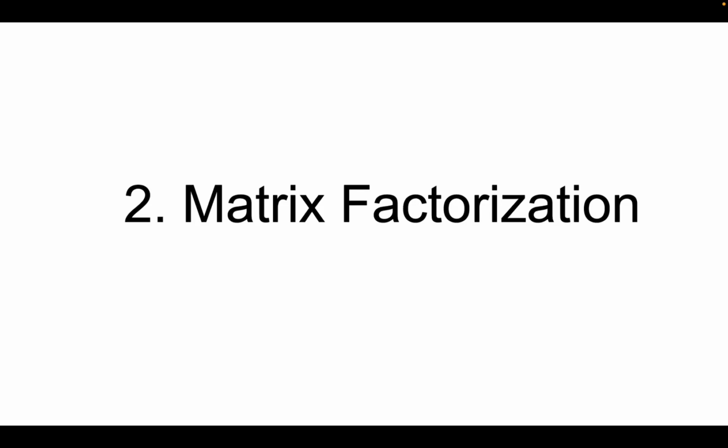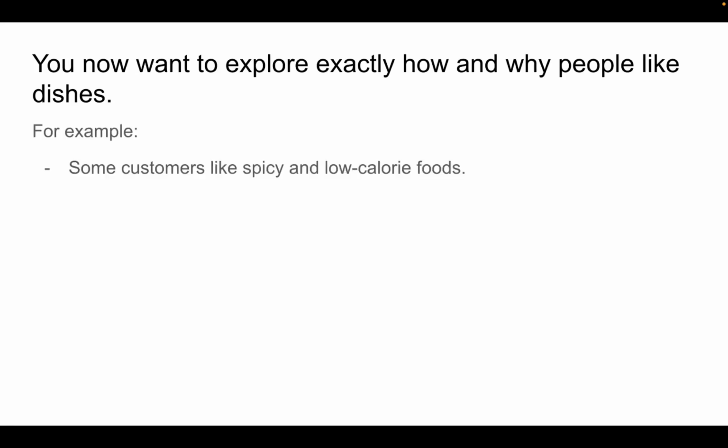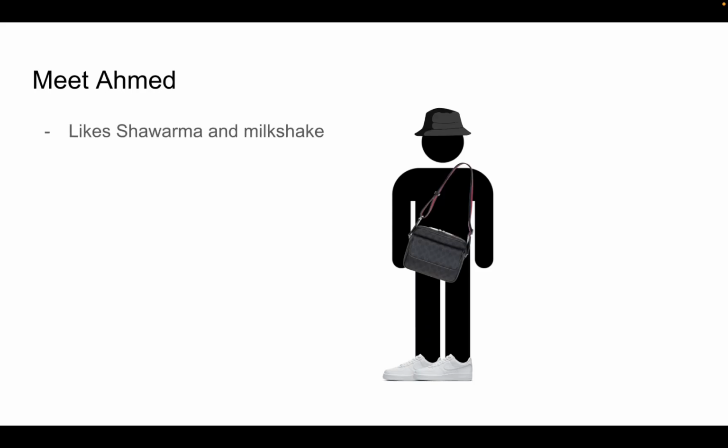2. Matrix factorization. You now want to explore exactly how and why people like dishes. For example, some customers like spicy and low-calorie foods. Others like meaty and very heavy foods. Well, first, meet Ahmed. He likes shawarma and milkshakes. And spicy food.